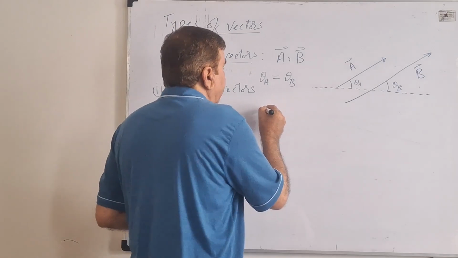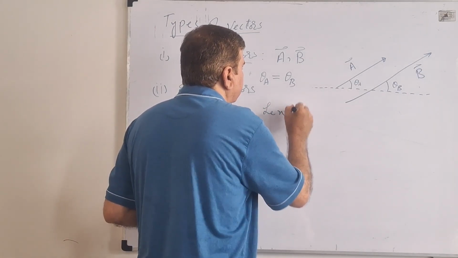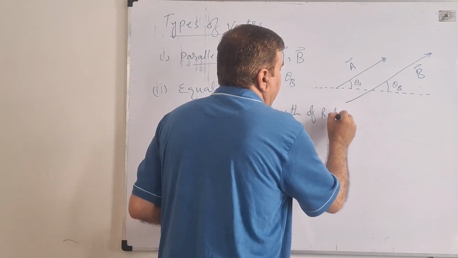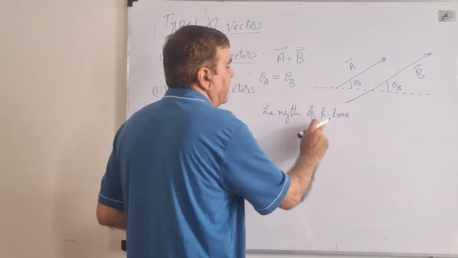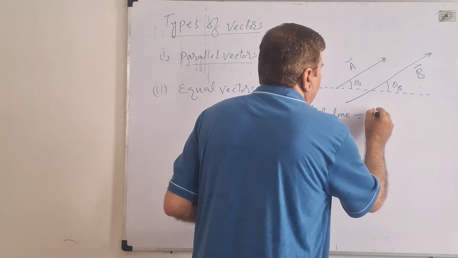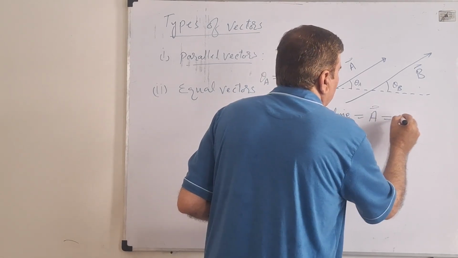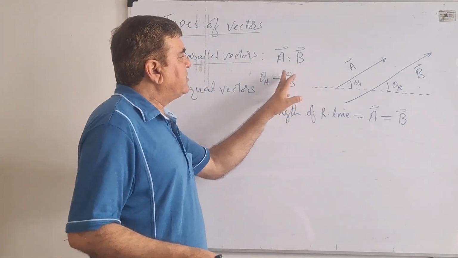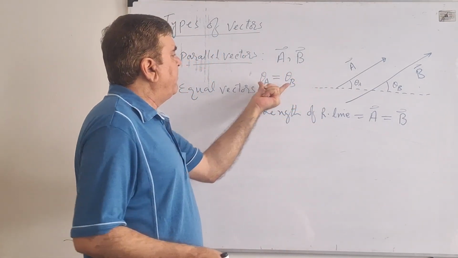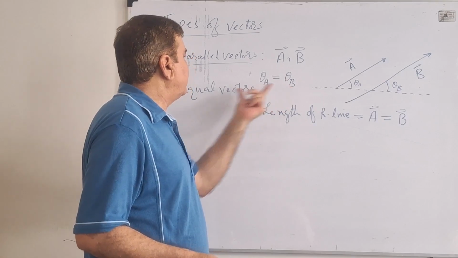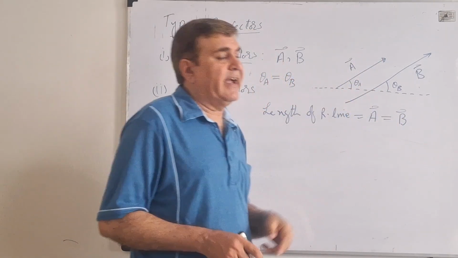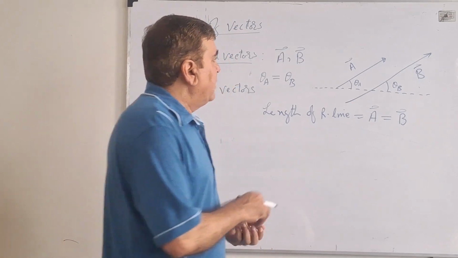That is, the length of the representative line, I'll write representative line with R, of A is exactly equal to the representative line of B. So two vectors are said to be equal if they point in the same direction and the length of their representative lines is the same.